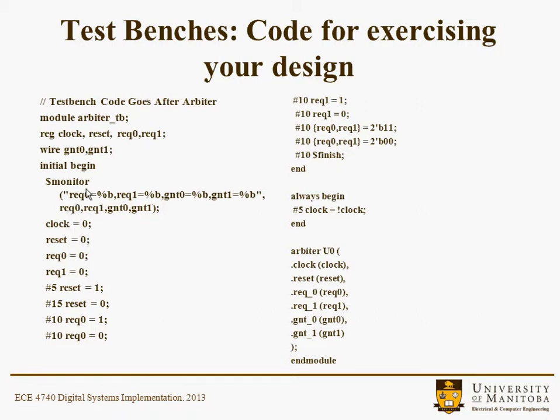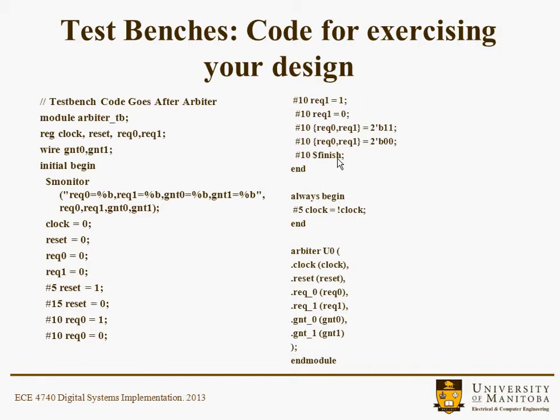These are just the one-to-one correspondence in terms of what you want to represent them as. So initially you have a setup of clock 0, reset 0, request 0, and request 1 equal to 0. At 5 nanoseconds or picoseconds, whatever the time is, the reset goes to 1. At 15 more, the reset goes to 0. 10 more after that, request 0 goes to 1.